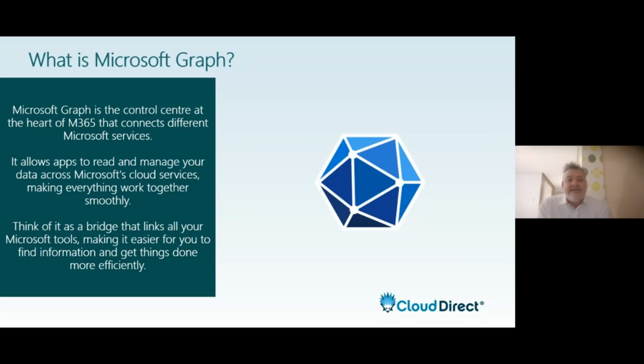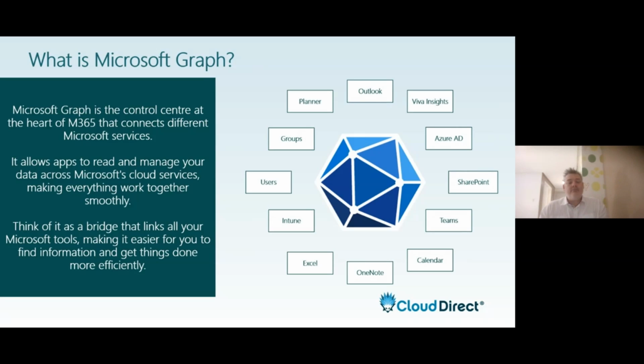So what is Microsoft Graph? If this was the Matrix, this would be the Architect. This is the brain that connects all the apps together, as well as all the user information. If you're in Microsoft 365, you had what was Azure Active Directory. It's now Entra ID, and that contains your user persona, as well as things like your group information.